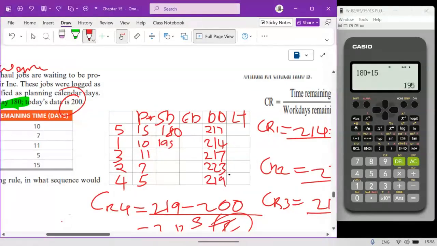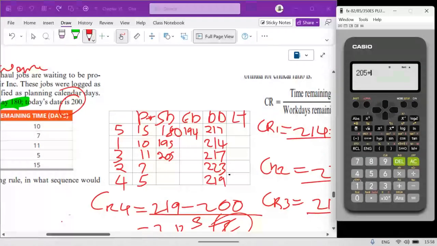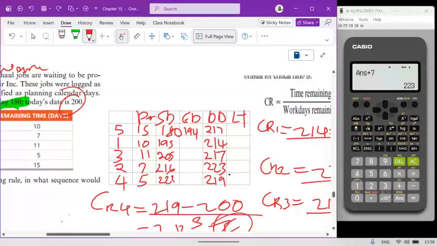Then this one becomes 194. Then plus 10 becomes 205. Plus 11 becomes 216. Plus 7, 223. Plus 5, 228.